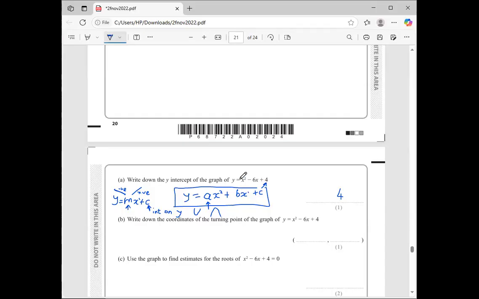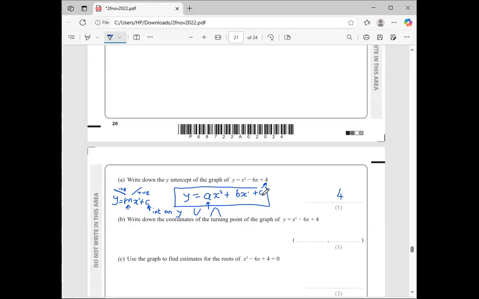Downwards. No, upwards. It will be upwards. Thank you. And the reason is because the coefficient of x squared here is what? 1. And you can see there's no minus sign in front of it. So that means it's positive. So anytime you don't see a sign, just assume that it is what? A positive sign. Yes, you're right. It's going to tilt upwards. That means it will look like a U, or like a V, if you like.